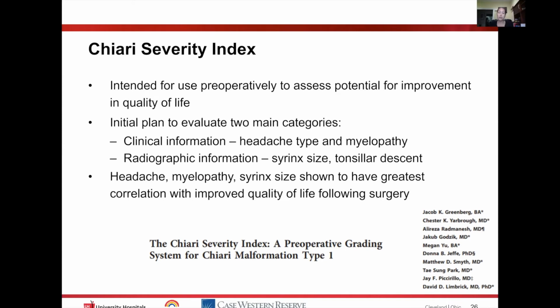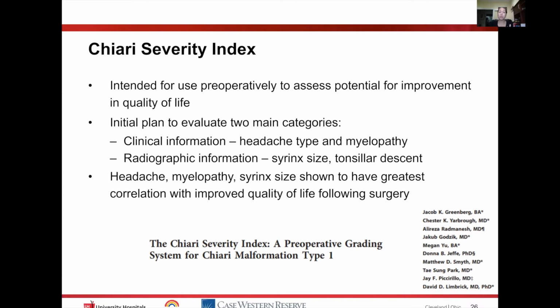This was intended to be used before surgery to assess potential for improvement in quality of life. So it's very important that the outcome measure they were looking at was quality of life outcome, not specifically just symptomatology. Initially they wanted to evaluate two main categories.